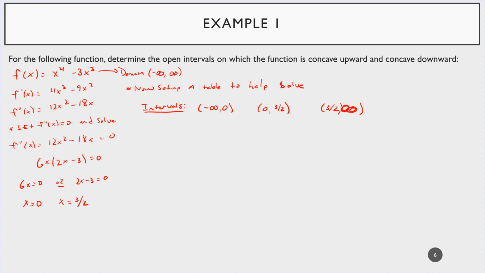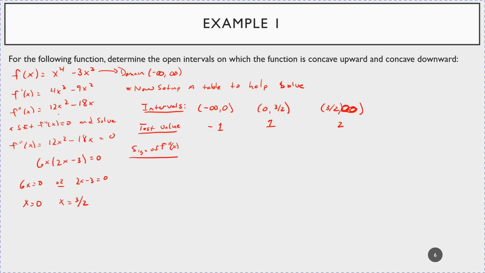Now you're going to pick a test value inside each interval. Pick something very easy. Between negative infinity and 0, I'll pick -1. Between 0 and 3/2, I'll pick 1. Between 3/2 and infinity, I'll pick 2. Now you look at the sign of f double prime of x evaluated at each of these test values.